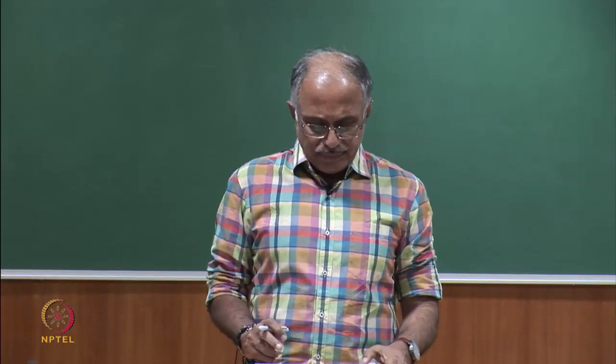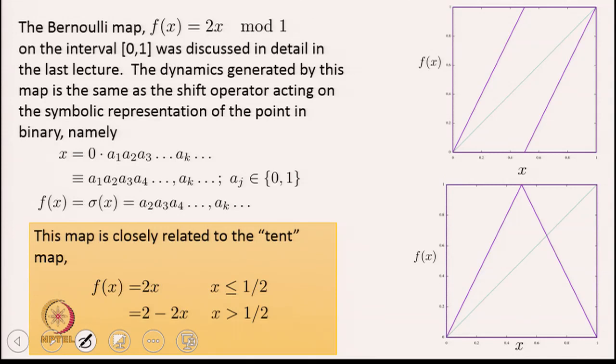The Bernoulli map is very closely related to the tent map. The Bernoulli map, recall, is just 2x modulo 1, and the tent map takes this branch of the Bernoulli map and flips it around to make a tent shape.